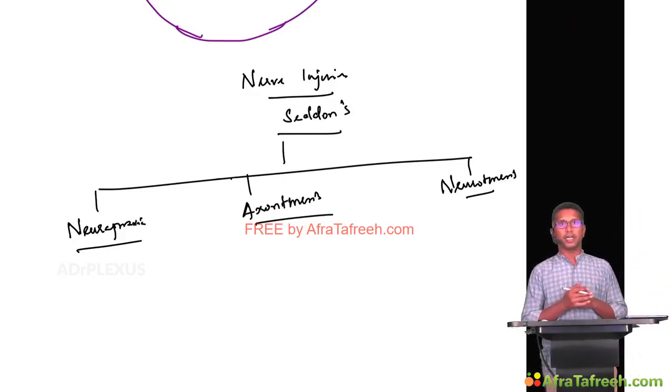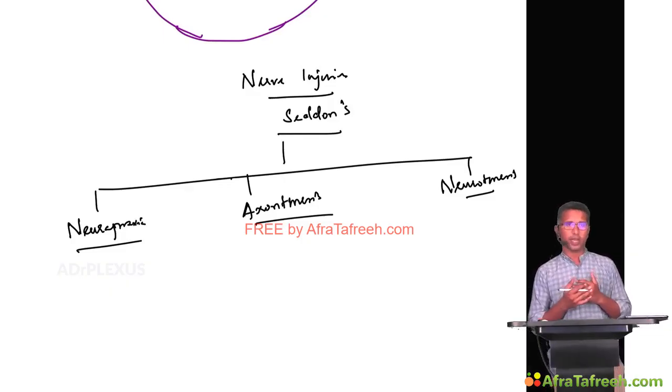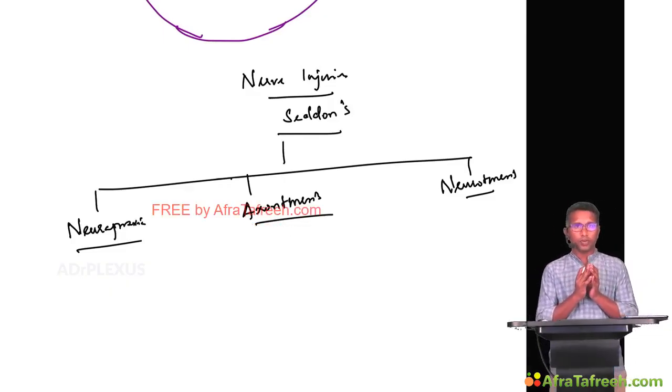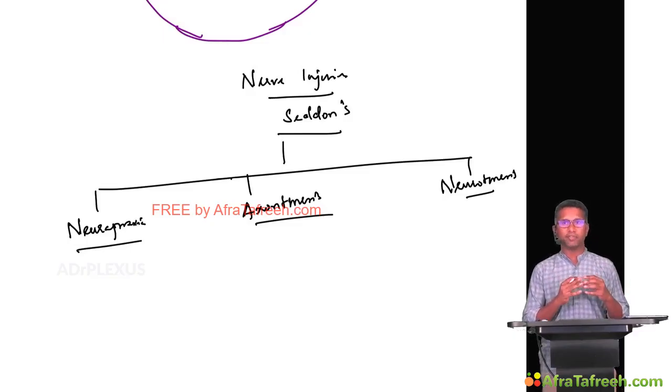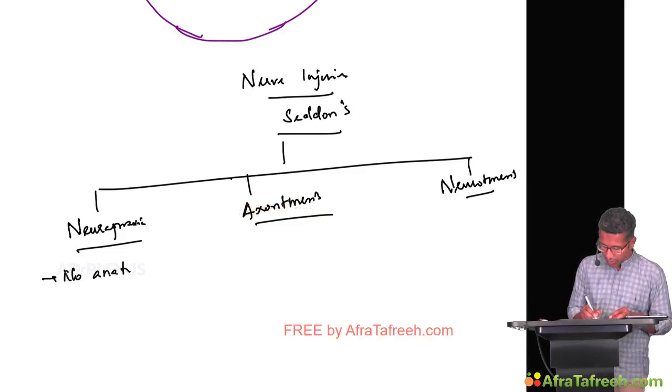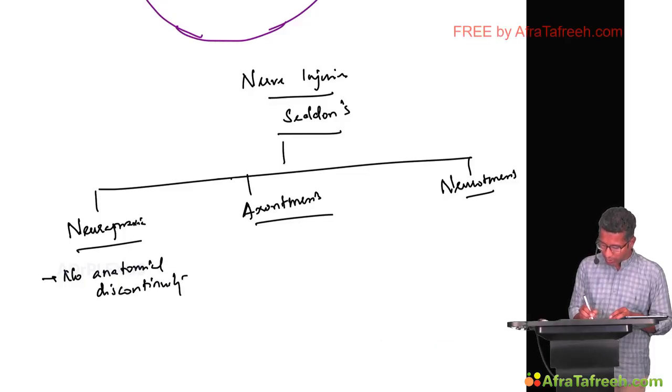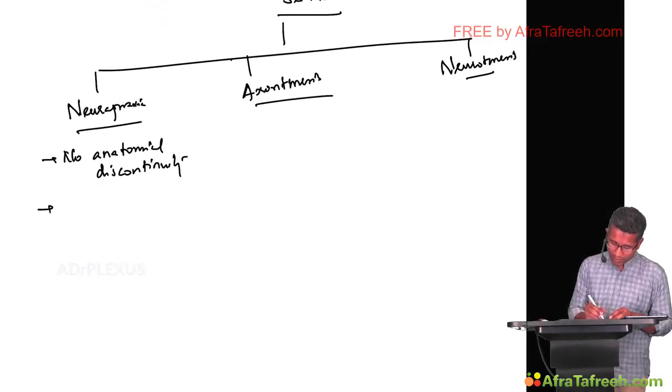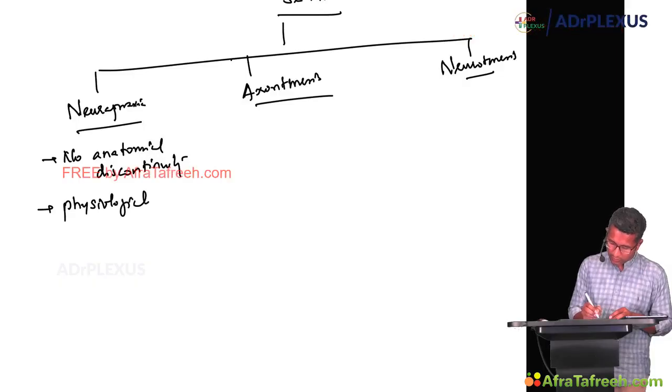Now what does this nerve classification tell us? See, neuropraxia means there is no discontinuity in the axons or in the nerve. There is only physiological stretching, no anatomical disruption has happened. No anatomical discontinuity, very, very important guys. There is only a physiological disruption of nerve transmission.